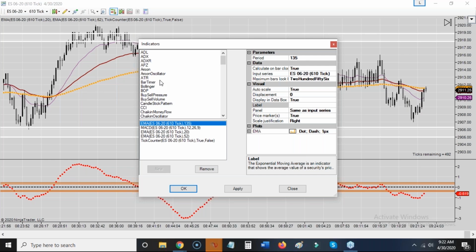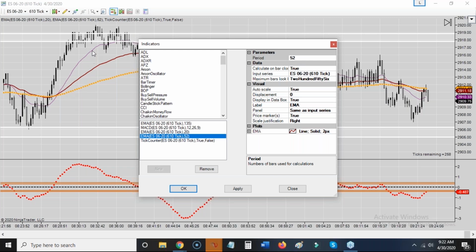My orange one is 135, so it's a 135-week period, like 2.5 years' worth of average data. Then I have the purple one, which is my smaller time frame, a 20-week period. And my main one, the red solid line, is my 52-week one, which is a year's worth of exponential data, right? So everything I do works off of these 3.